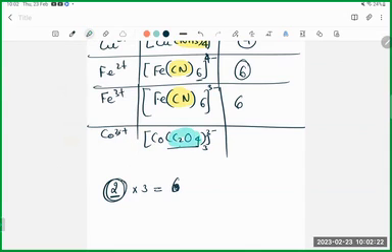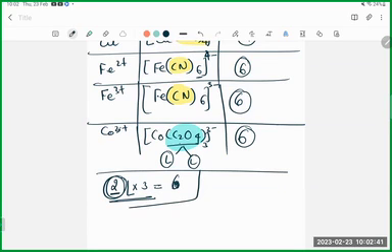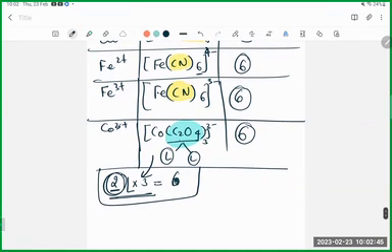This is what? Bidentate. Bidentate means two ligating atoms. That's the reason I multiplied with this 3 and got 6. So there are 6 coordination bonds. Are you clear, Hridaya? Yes, ma'am. Good.